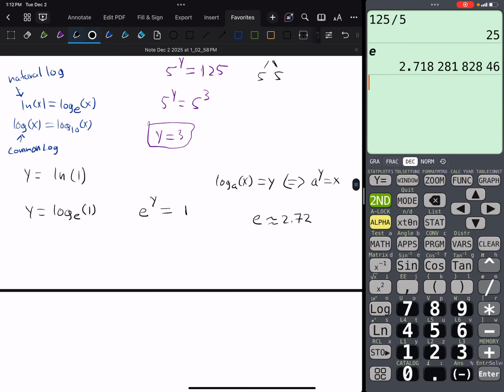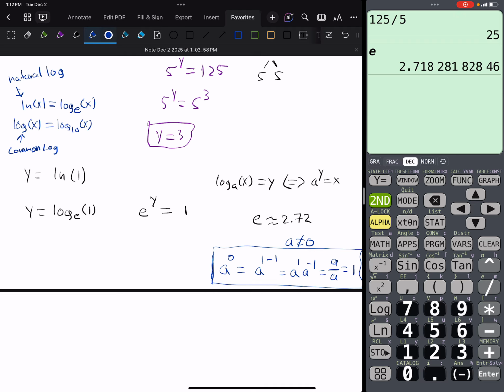The best way I've heard it described is that a to the 0 is the same thing as a to the 1 minus 1, which is a to the 1 times a to the negative 1, which is a divided by itself, which equals 1. If that helps you remember, great. If not, that's just the best explanation I've heard for why a to the 0 equals 1, for any a other than 0, because I can't divide by 0.